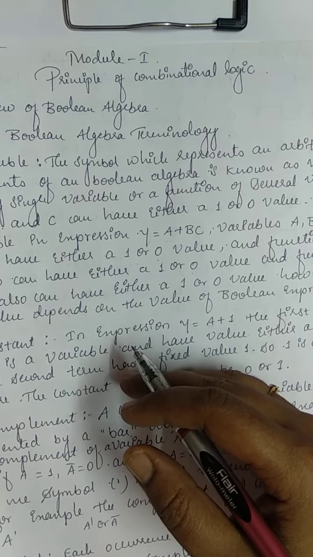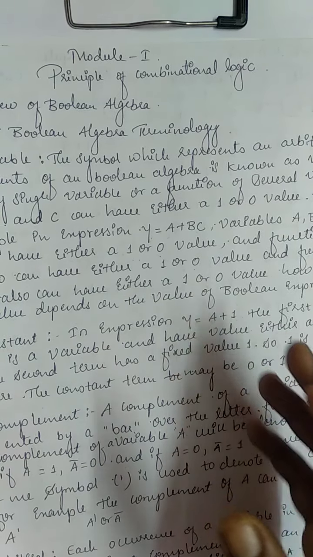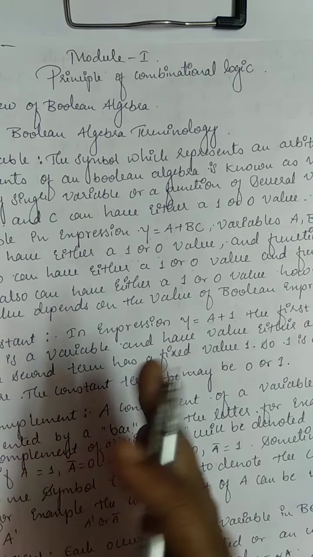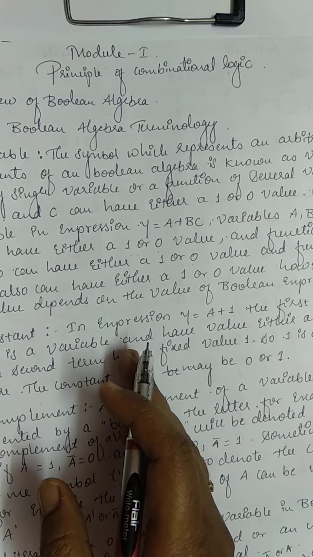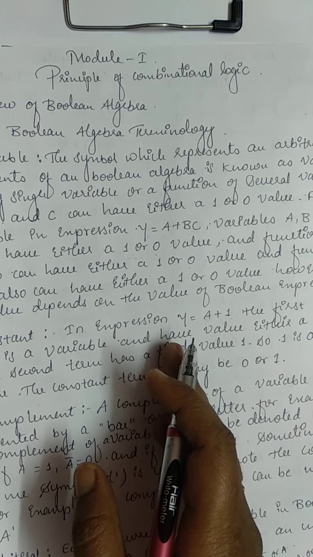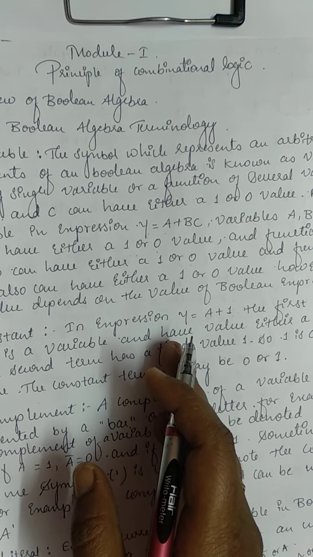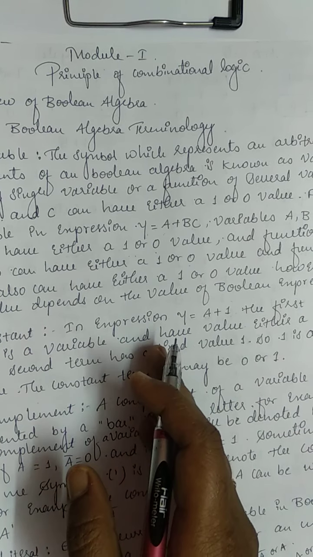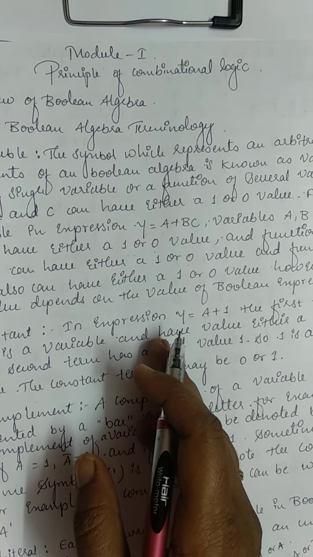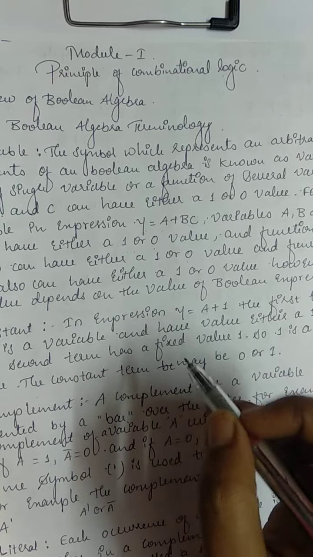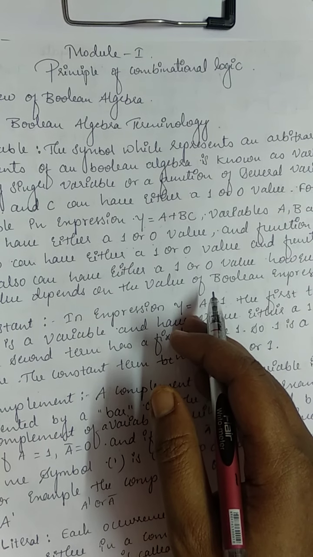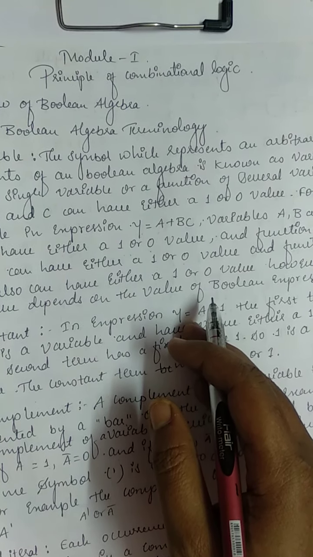And then we have compared the digital system with the analog system, or else you can say we have compared analog signals with digital signals. Next, we have studied Boolean algebra. So what is Boolean algebra?